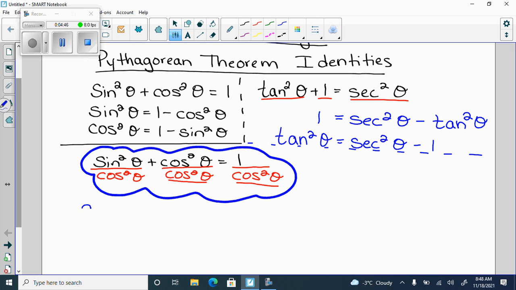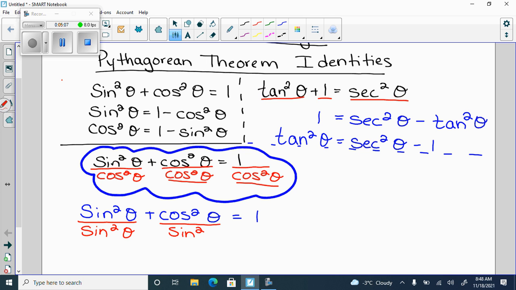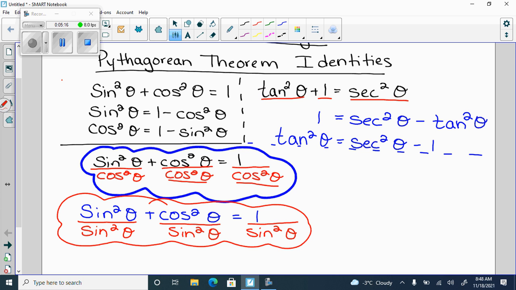If I take sine squared theta plus cos squared theta equals 1, and this time I divide it by sine squared, this time, what am I going to get? 1 plus cotan squared theta equals 1 over sine squared, which is cosecant, right?